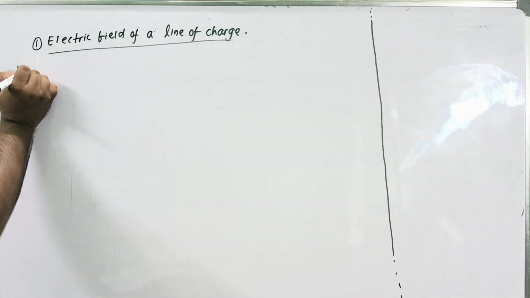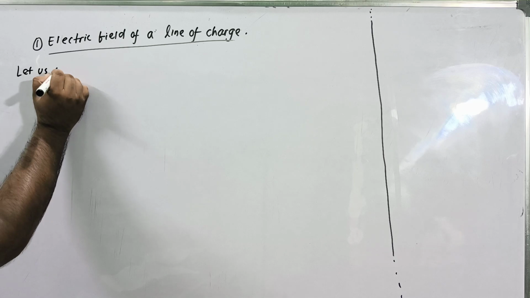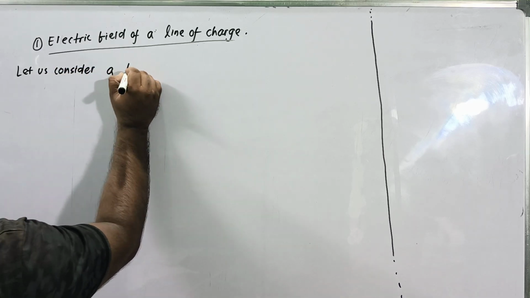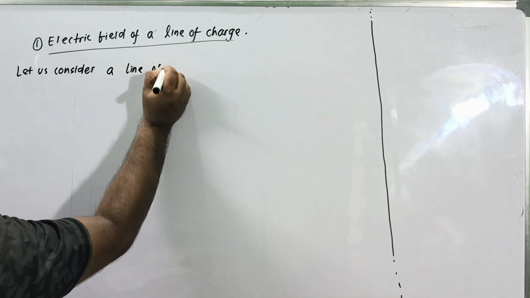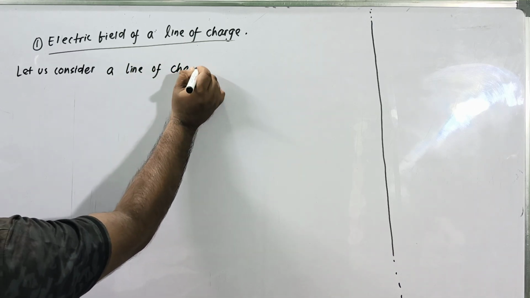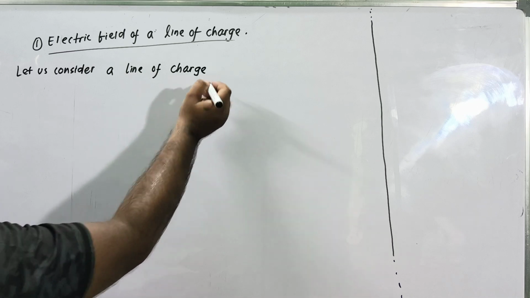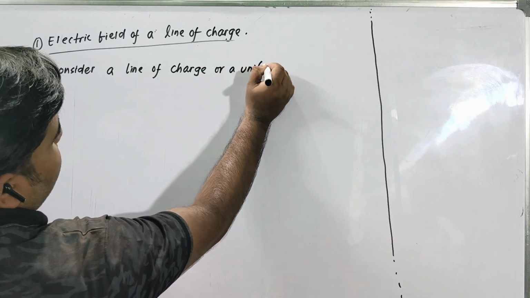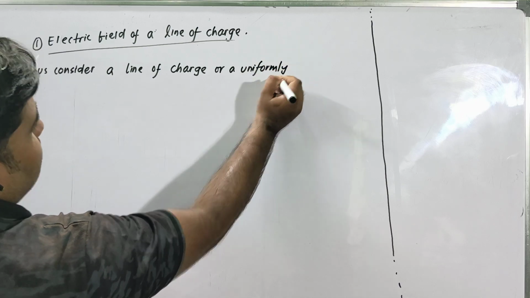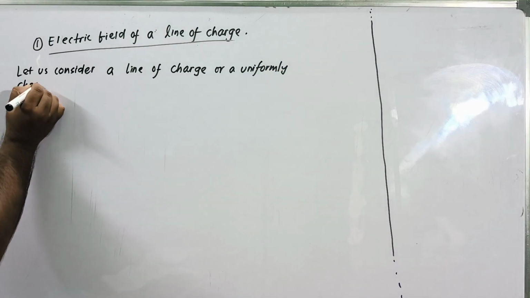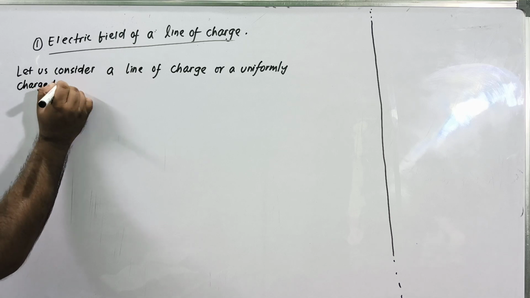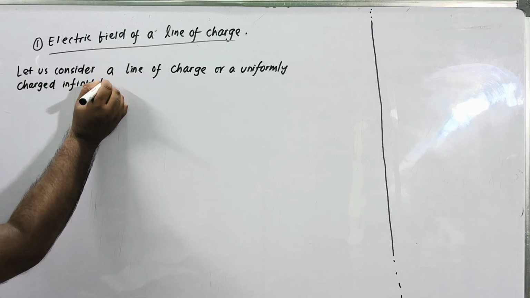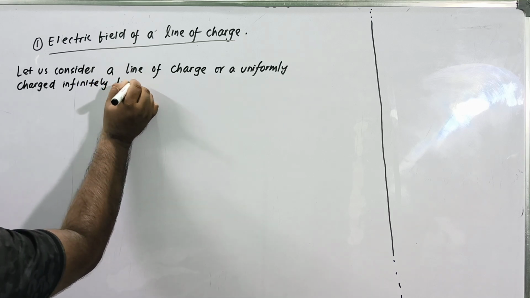So let us consider a line of charge, or you can say a uniformly charged, infinitely long wire.